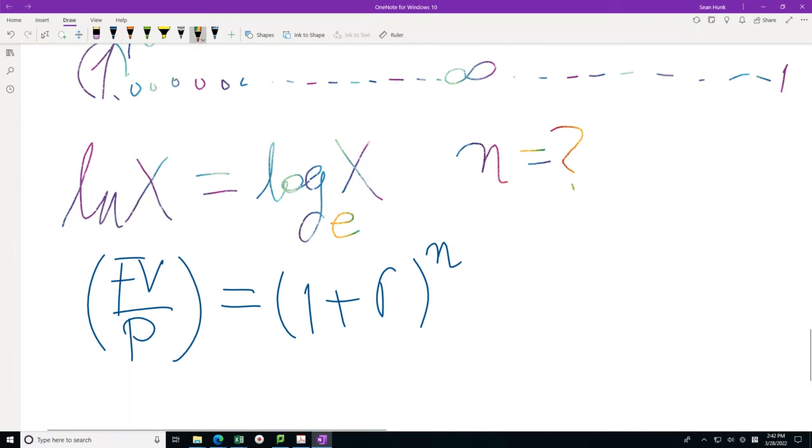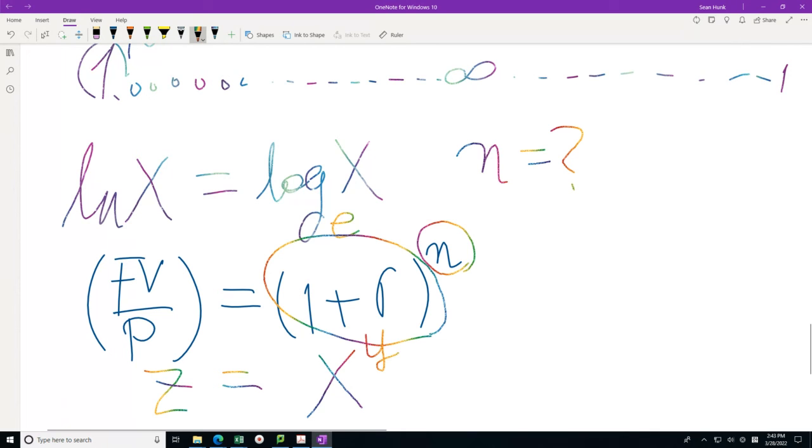And I told you this is like a cage, and this is like a padlock. You cannot open the cage unless you can open the padlock. But this is currently a z equals x raised to y structure.